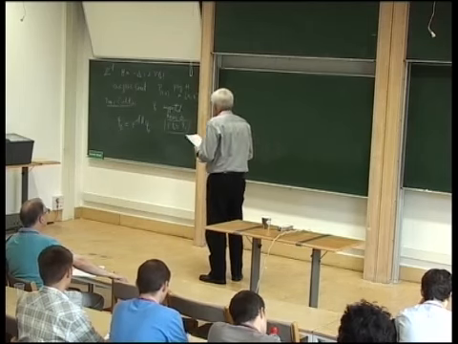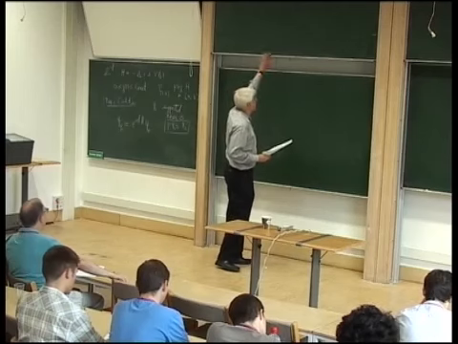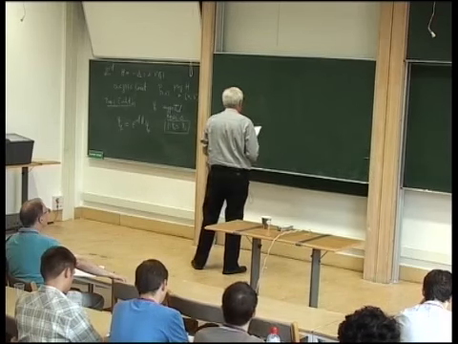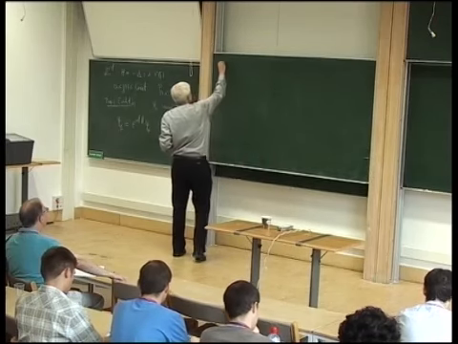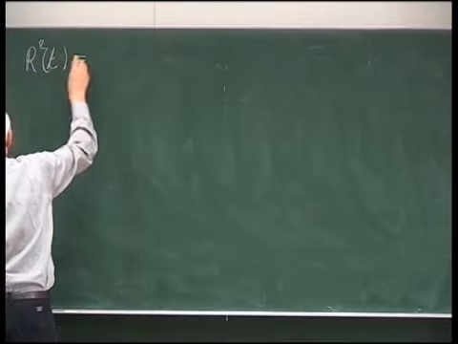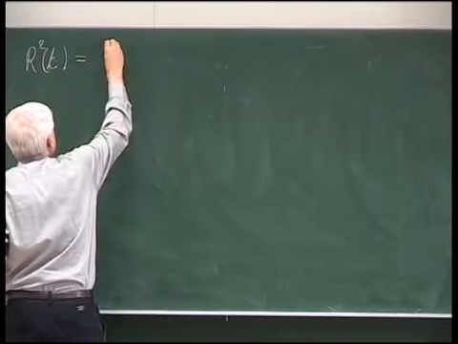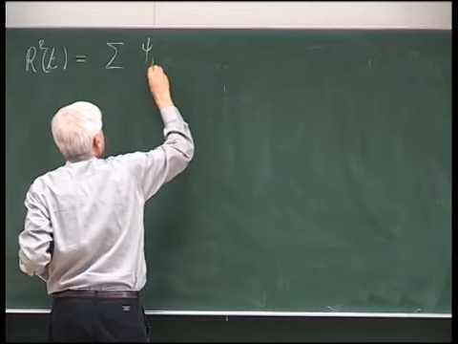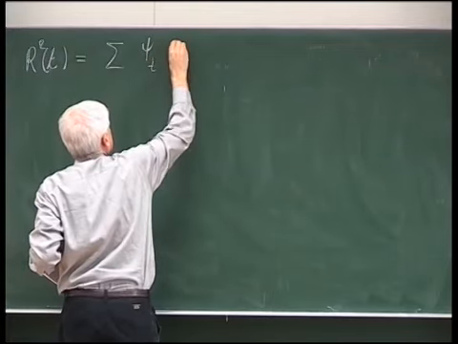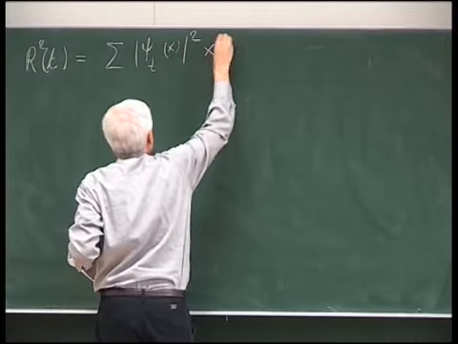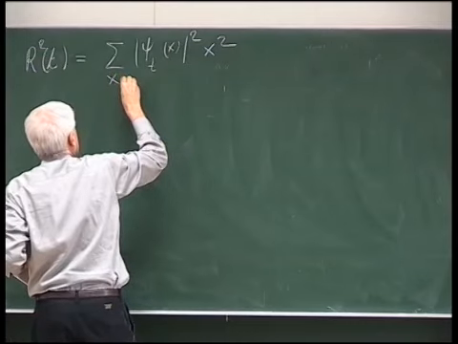Just to review a little bit from last time and to continue, we defined r squared of t to be the sum of the absolute value squared of psi of t at x, multiplied by x squared, summed over the x in my lattice.